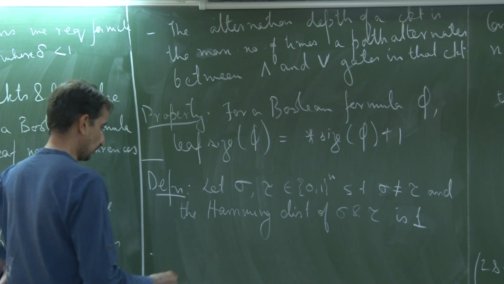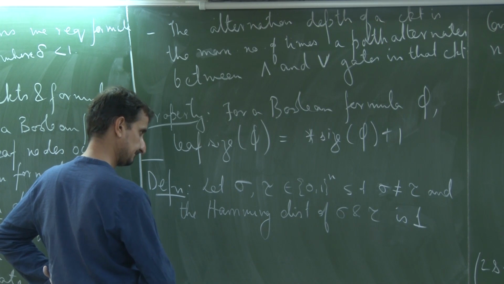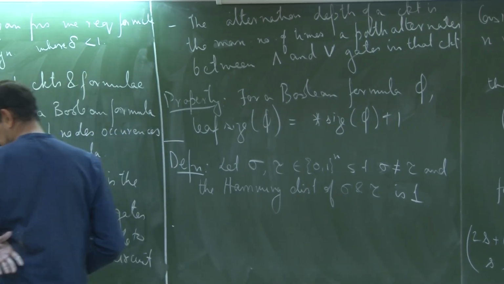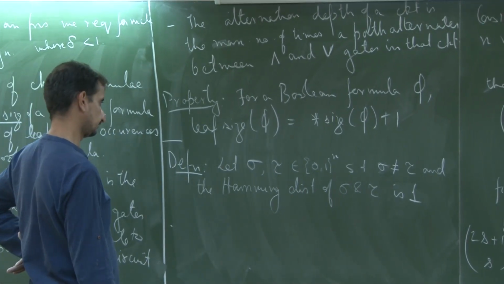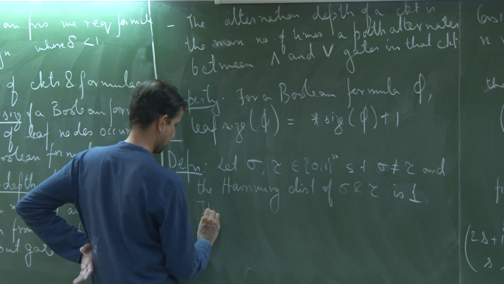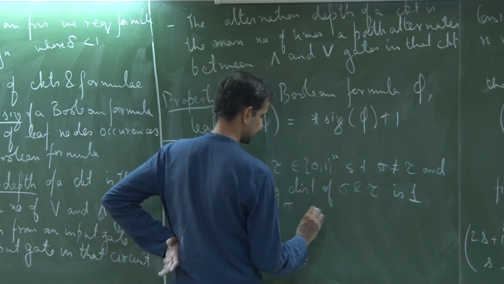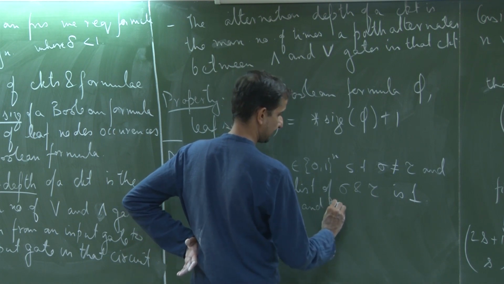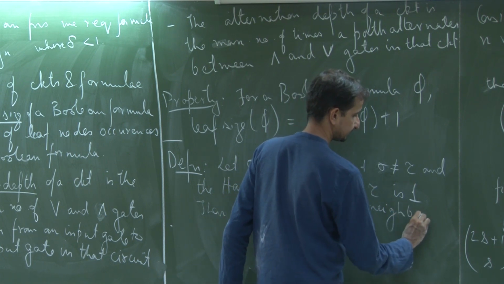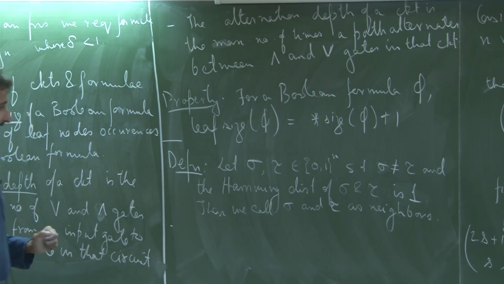Now, for two strings over {0,1}*, if the Hamming distance is equal to 1, we call sigma and tau neighbors.